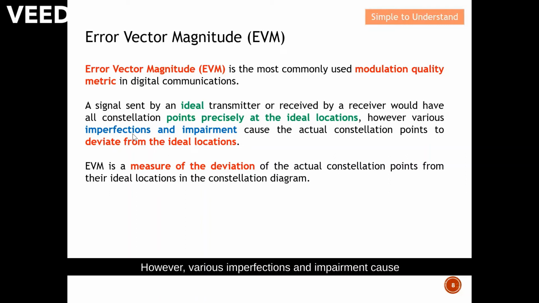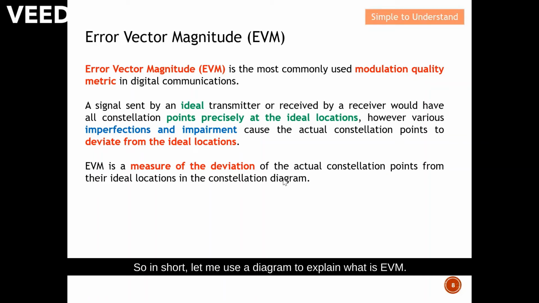However, various imperfections and impairments cause the actual constellation points to deviate from the ideal location. EVM is a measure of the deviation of the actual constellation points from their ideal location in the constellation diagram.